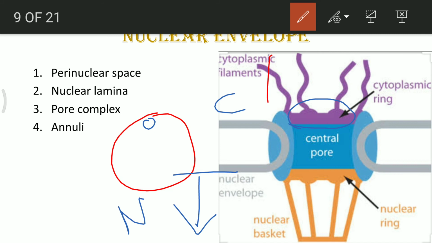The RNA molecules are very large and hydrophilic and cannot pass through the lipid bilayer, and that's why there is this nuclear pore which allows the movement of those substances. So these pores are quite necessary for the passage of substances which cannot diffuse through the plasma membrane, or sorry, the nuclear membrane.